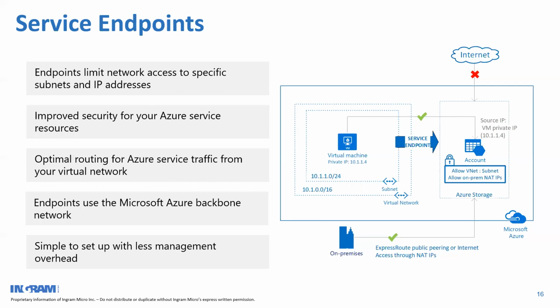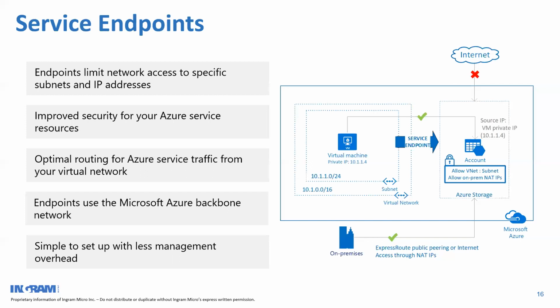So your internal virtual machine private IP is able to communicate to the public IP of the platform as a service using the Azure backbone network. So your traffic is not going out into the internet and then coming back into Azure, right? This is something that we can configure using Azure service endpoints.